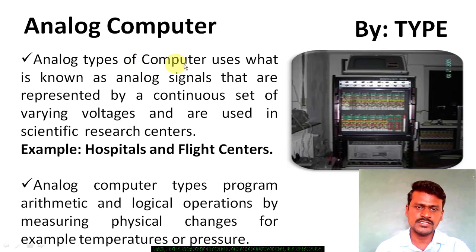Analog type of computers use what is known as analog signals, which are represented by a continuous set of varying voltages, and are used in scientific research centers. You can see these are not normal computers and will not be used by normal people like us, because these are only used for scientific research in hospitals and flight centers to maintain the varying voltages through analog signals.